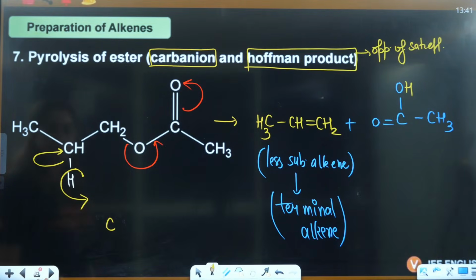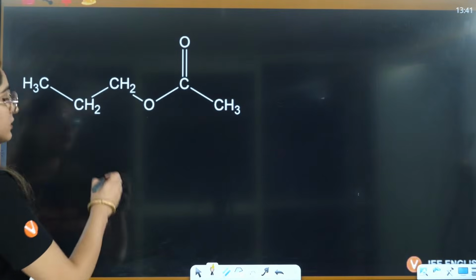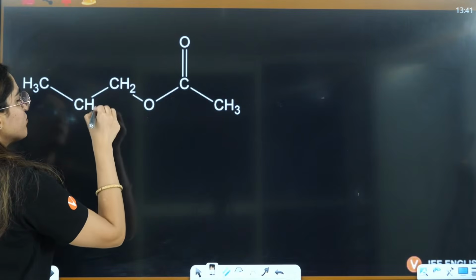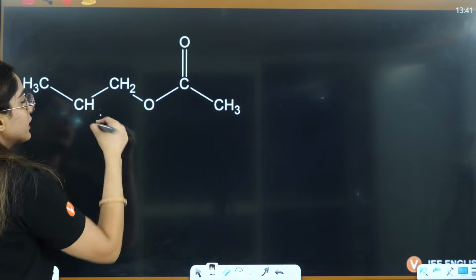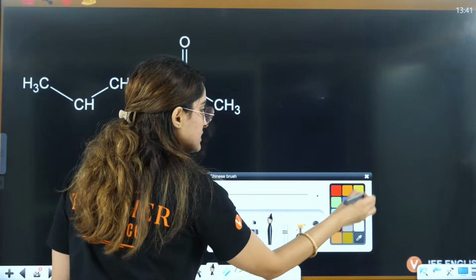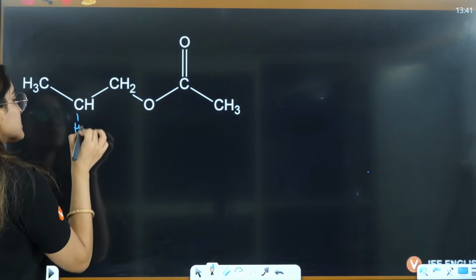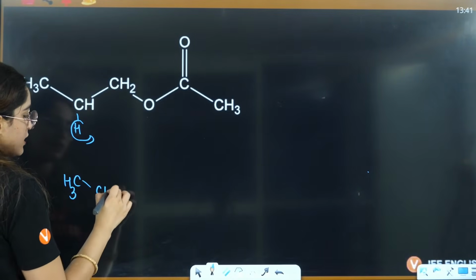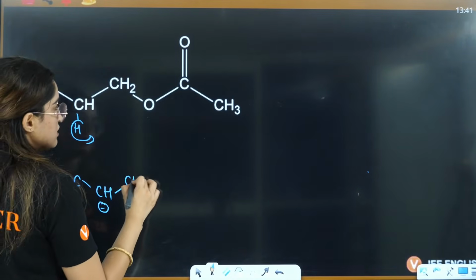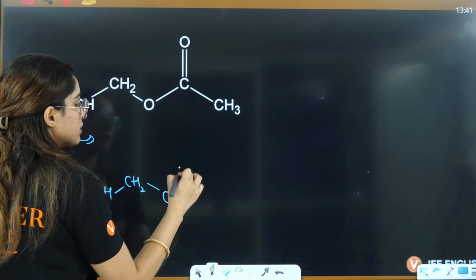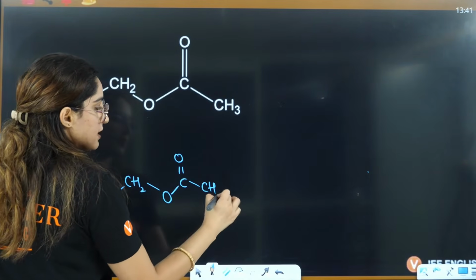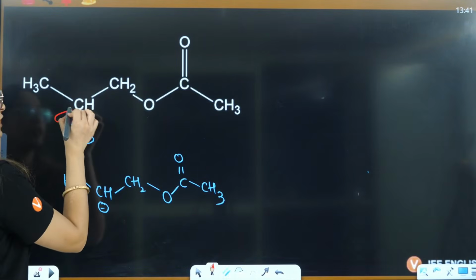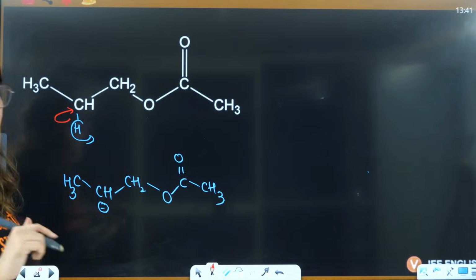If you want to know the mechanism, actually what is happening here, how the carbanion is formed, it is not that important, but if you want to know how it is formed, see this. This is hydrogen. Firstly, hydrogen will leave and you will have the formation of CH3, CH negative, CH2, C double bond O, CH3. This will leave and this bond will shift here and you will have a negative, that is the carbanion.